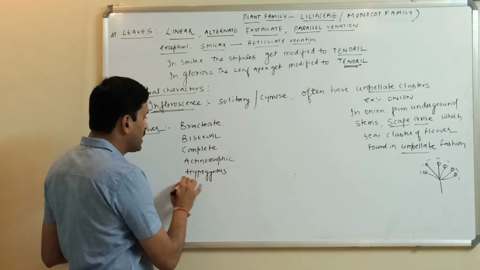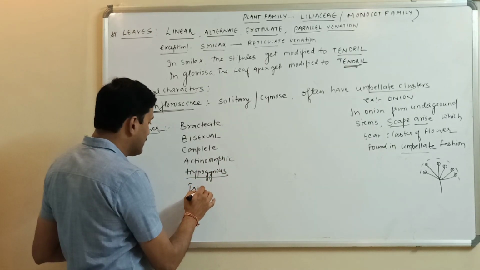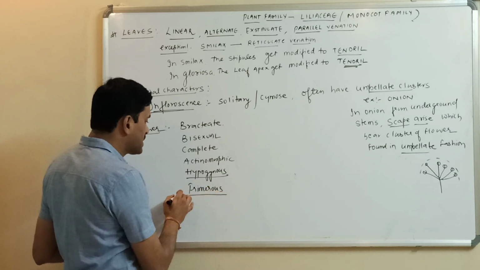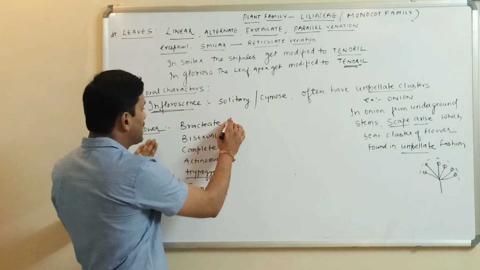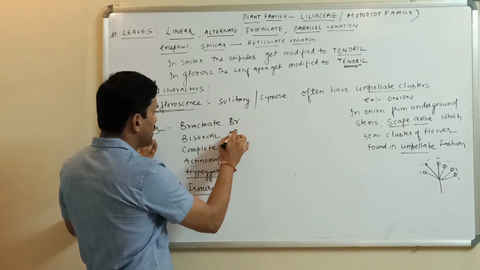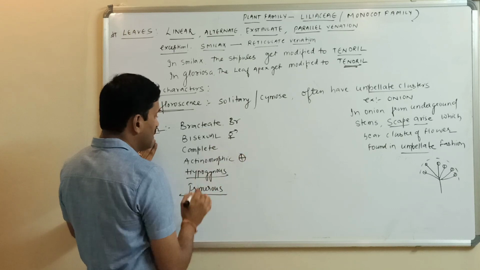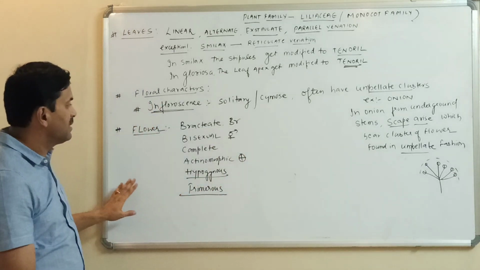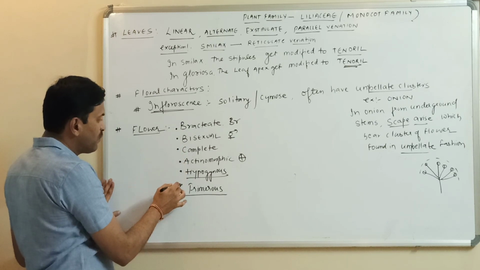If the flower is hypogynous, the ovary will be superior, and trimerous means floral parts are present in 3 or in multiples of 3. So the flower is bracteate, denoted by this sign, bisexual, denoted by this sign, complete, actinomorphic, denoted by this sign, right? Hypogynous and trimerous. So this is all about the flower.